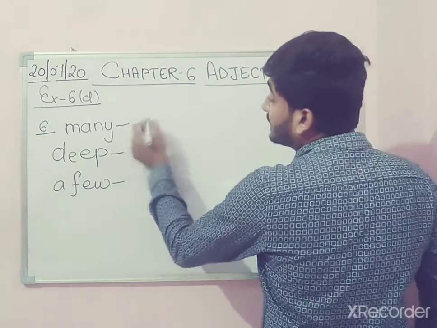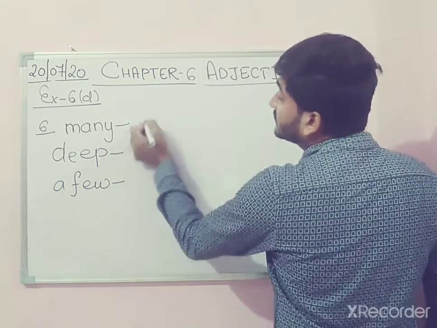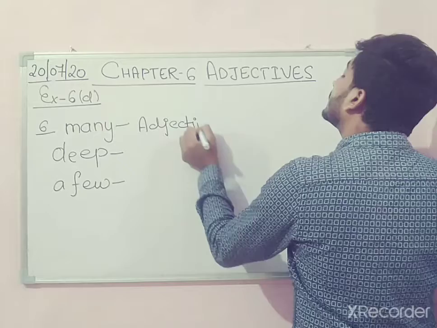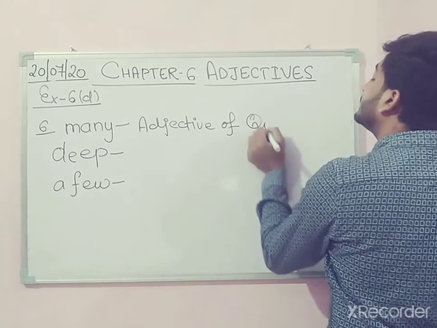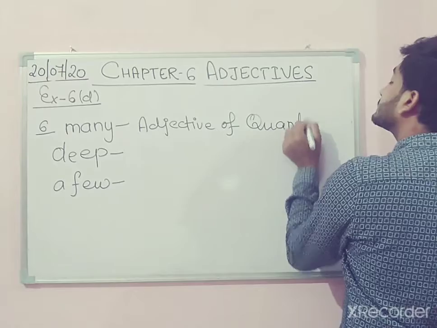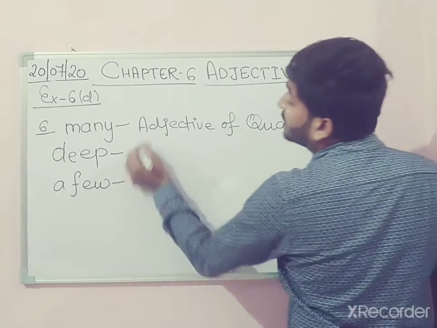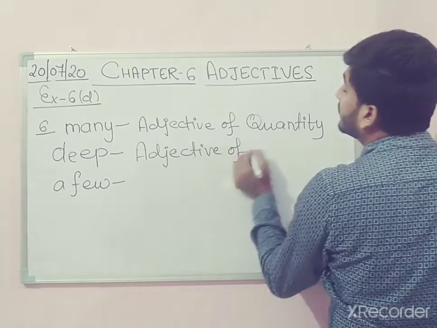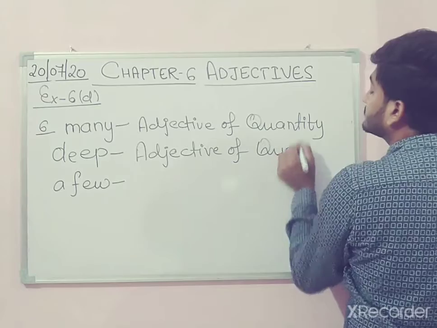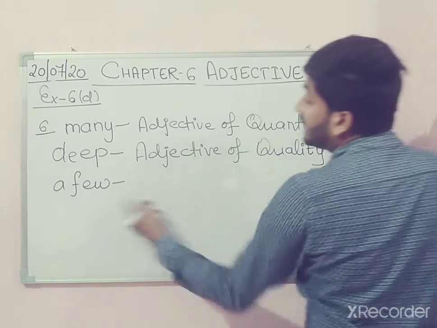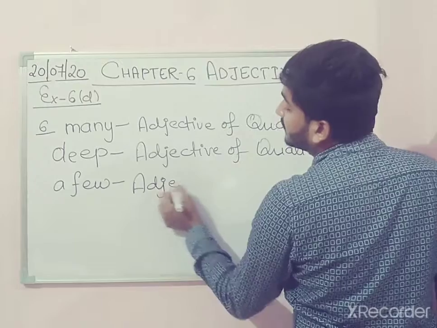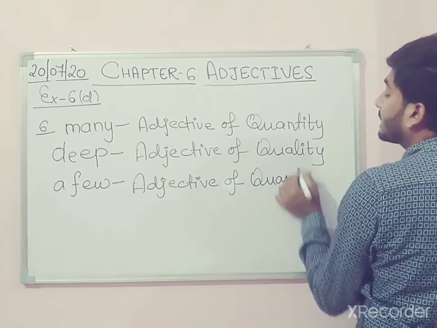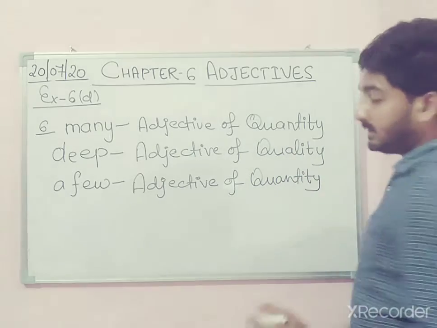Many fish, because we cannot count fish in a deep sea, you know. So that means how much? It will be adjective of quantity. Deep. What kind? Adjective of quality. A few. How much? Adjective of quantity. Okay.